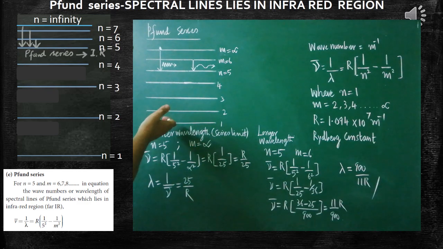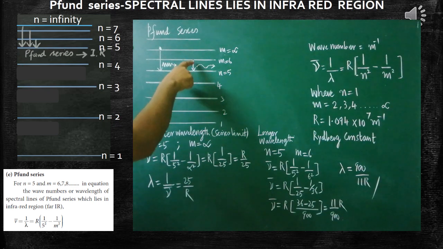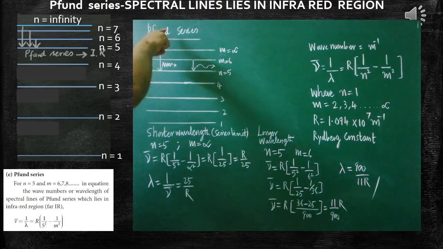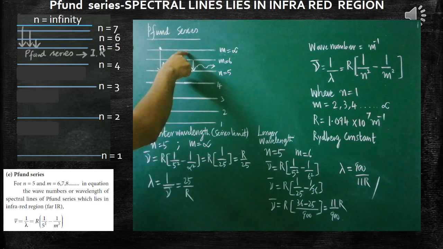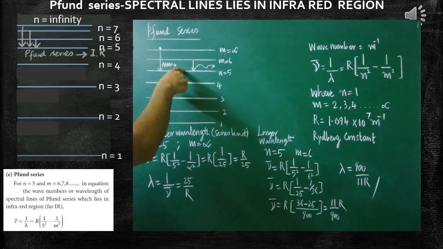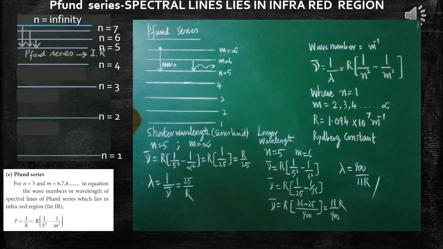For example, in this Pfund series, if you want to calculate the second spectral line: 6th to 5th is called the first spectral line, and the second spectral line in the Pfund series means the 7th to 5th transition. Like that, you should know the values of m and n. Substitute the appropriate values, and we are able to calculate the wavelength and also the wave number of any spectral line in any series. Okay, thank you.